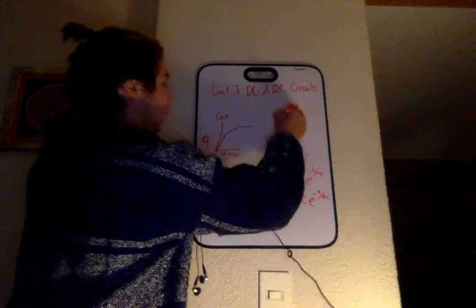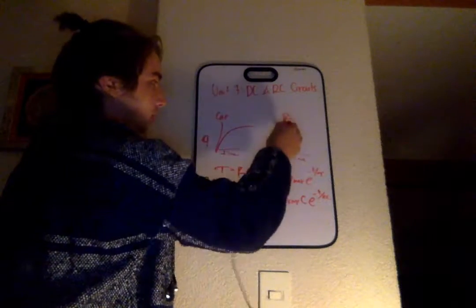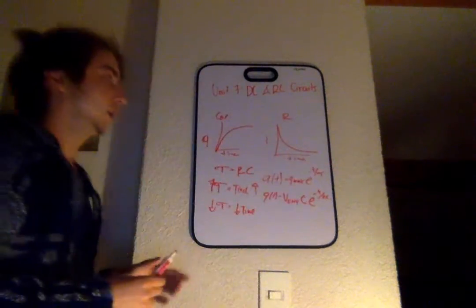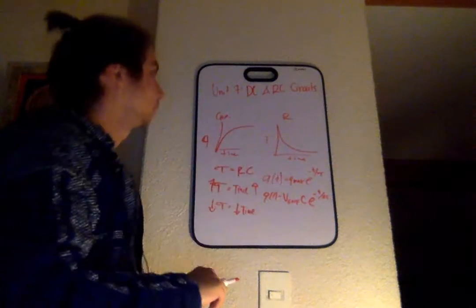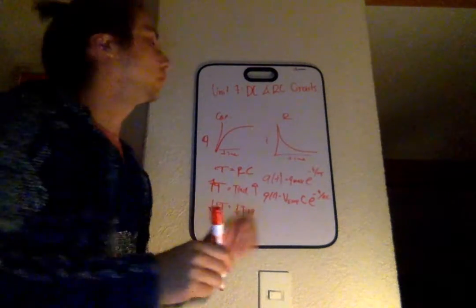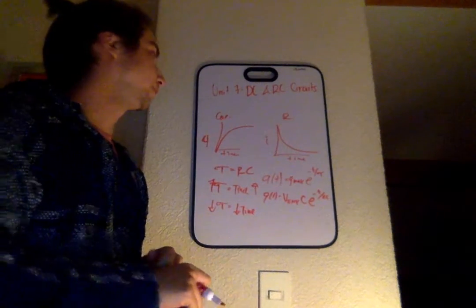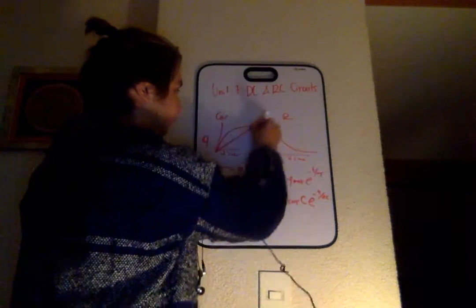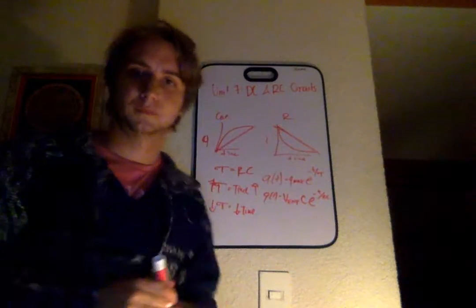And if we were to observe the current in the resistor, it will look something like that. And the gradient will depend a lot on the time constant. So with a higher time constant, it will be something like that and something like that. And well, that'll be all because my battery is going off.